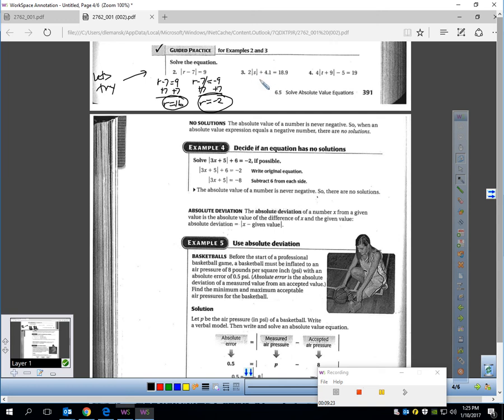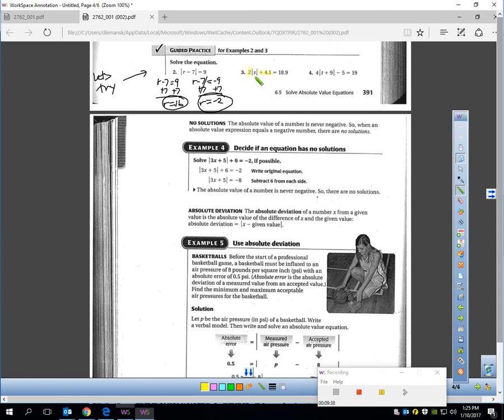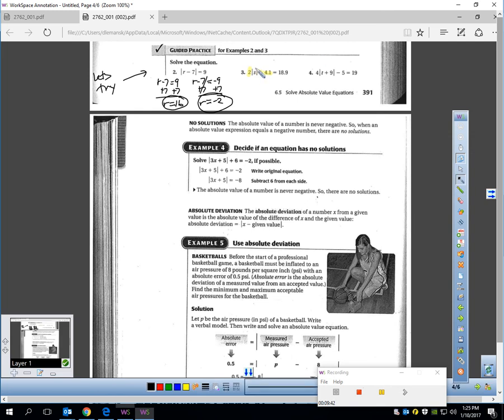Okay? Let's try this one. Is the absolute value by itself? No, it's not. And let me take my highlighter and show why. I don't want the 2 here, and I do not want the plus 4.1. I don't have the absolute value by itself. So let me onion the absolute value. The absolute value is the center of the onion.